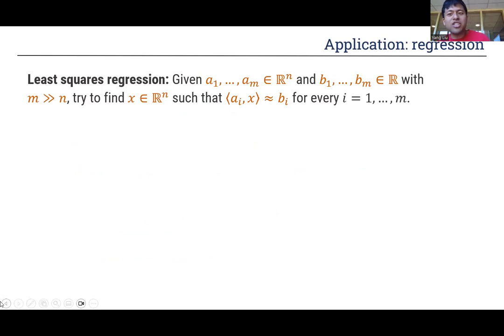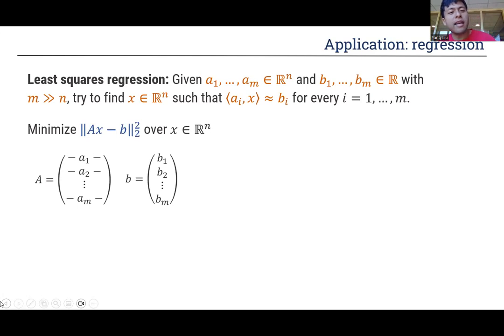A natural application of sparsification is to the least squares regression problem. In this problem, we have vectors a1 through am in R^n and b1 through bm. Once again here, think of m being larger than n. And the goal is to find x such that ai·x is approximately bi for all i.